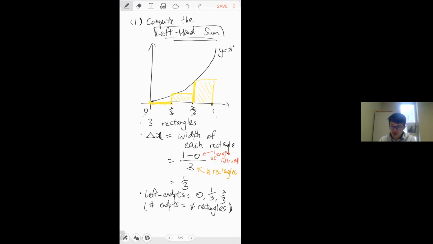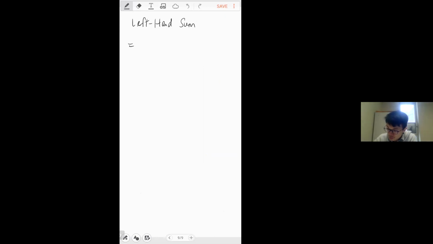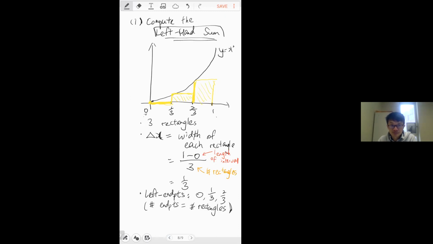So the left-hand sum will be just the sum of the areas of the rectangles. Can someone tell me what is the area of the first rectangle? First rectangle here. 0. It doesn't have any height, so it should be 0.